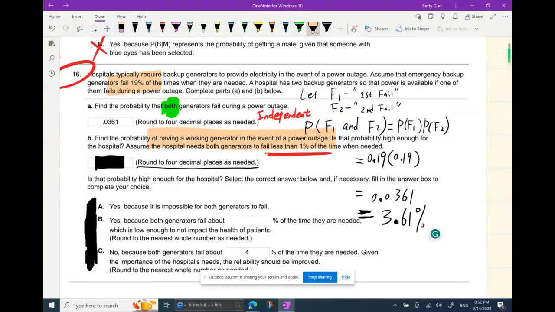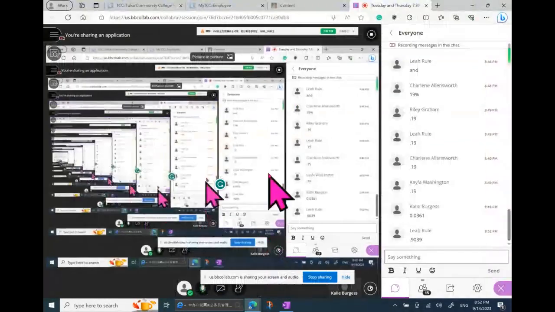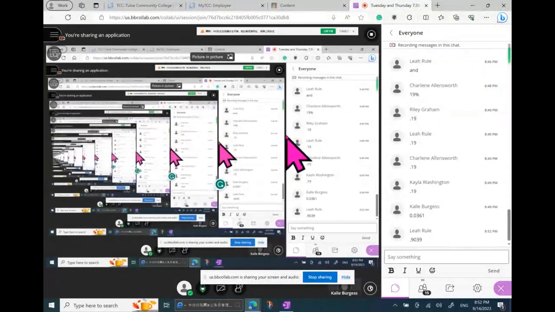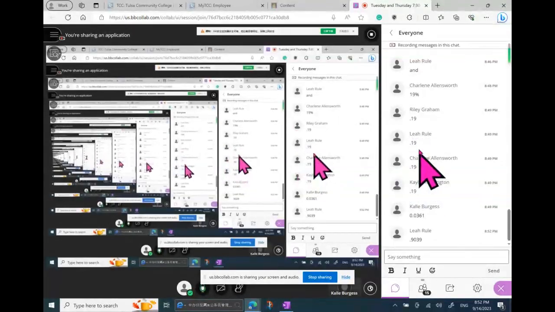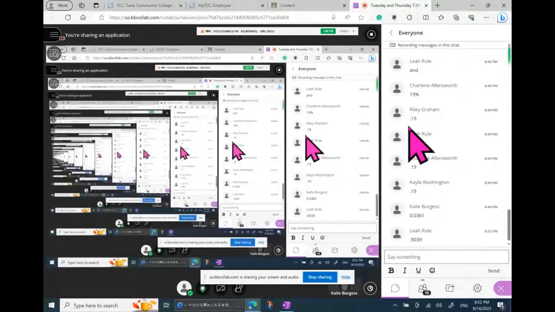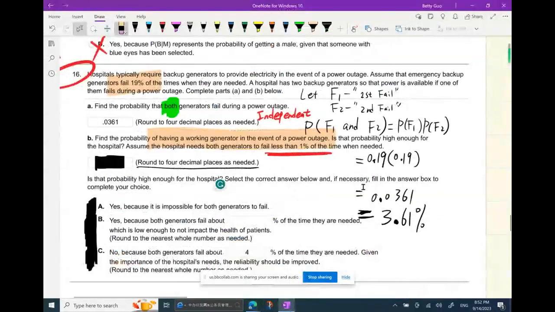At least one generator. The complement of the hospital having at least one generator is no generator. So we just got the probability of no generator. So the probability of having at least one generator would be the complement, 1 minus 0.0361. Awesome, exactly.